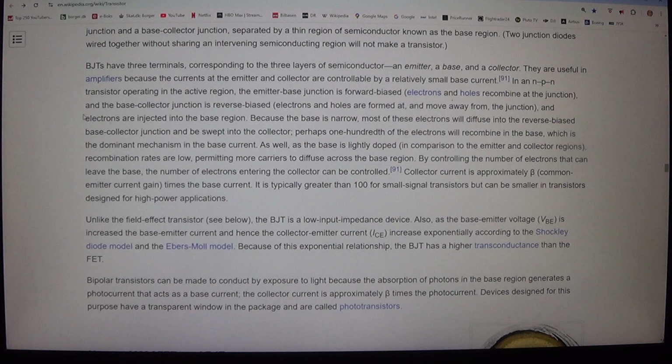Because the base is narrow, most of these electrons will diffuse into the reverse biased base collector junction and be swept into the collector. Perhaps 1/100th of the electrons will recombine in the base, which is the dominant mechanism in the base current. As well, as the base is lightly doped in comparison to the emitter and collector regions, recombination rates are low, permitting more carriers to diffuse across the base region.